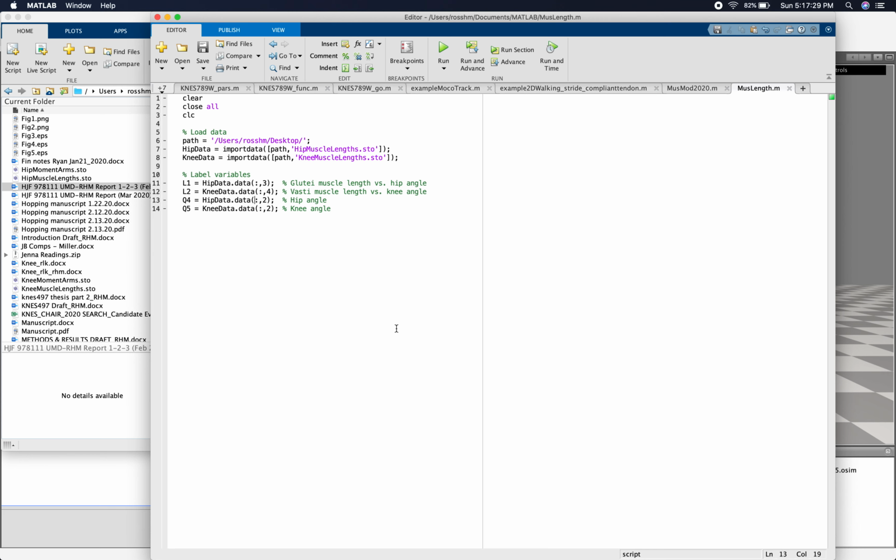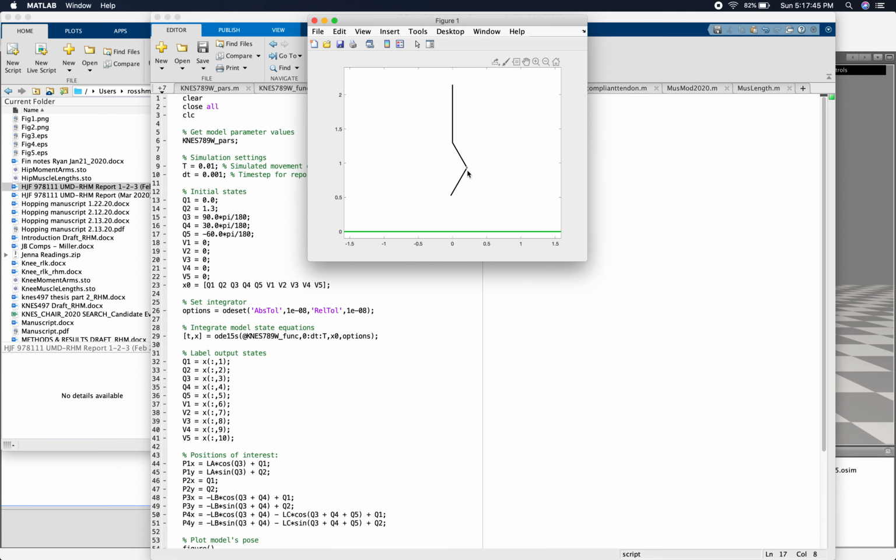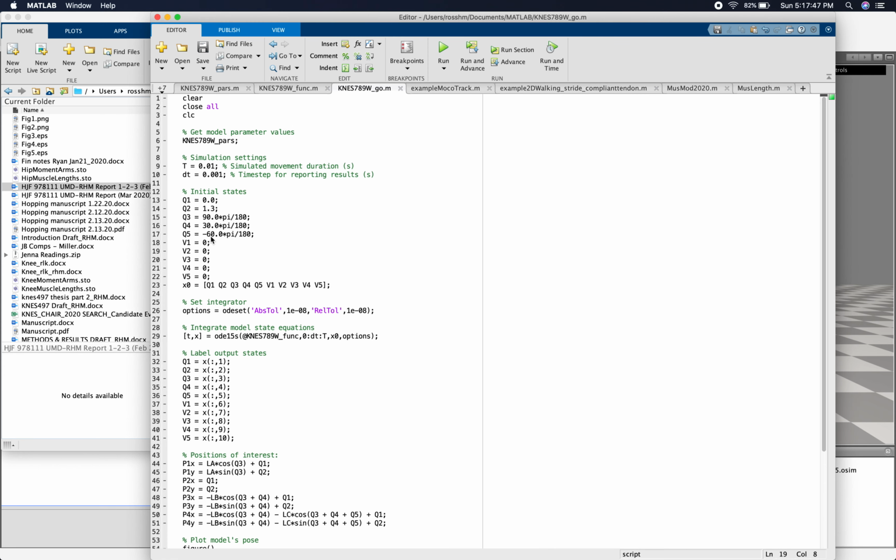For the knee in our model, let's give it a small knee angle or hip angle here to visualize this. You can see when I give it a negative knee angle, that flexes the knee. And the knee can't extend by too much beyond 0, so let's just give it a small positive angle here.